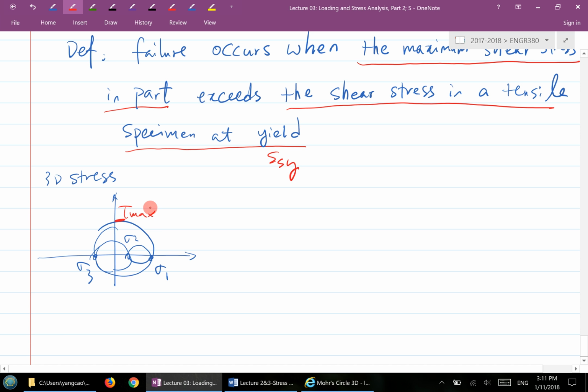It doesn't matter what kind of scenario you're dealing with. If you can ultimately put everything into this 3D circle, you'll figure out the tau max based on the sigma 1, sigma 3 circle. Mathematically, tau max is equal to sigma 1 minus sigma 3, divided by 2. When you have a circle and you have the coordinates for the two ends of the diameter, you can calculate the radius, and essentially that's your tau max.